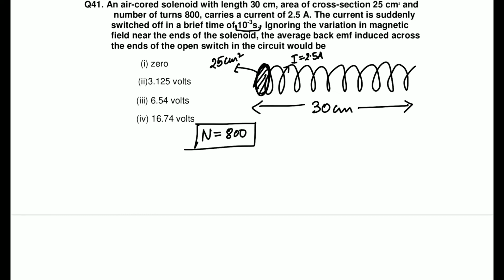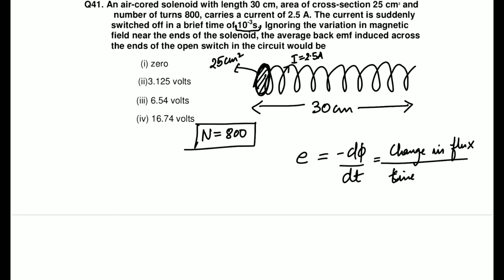So we all know, with the help of Faraday's law, I can write my EMF is equal to minus d phi upon dt. Is that a yes or no? Where d phi is the change in flux, divided by the time it has taken for that change. Yes or no? I hope that is understandable, right?